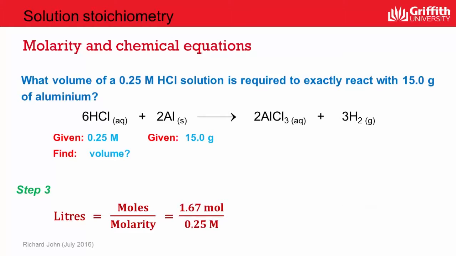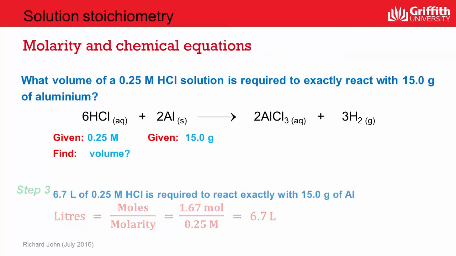So litres equals moles over molarity, 1.67 moles of hydrochloric acid, that's what we just calculated in step 2, and 0.25 molar hydrochloric acid, that's the information that's been given to us in the question. When we plug that into the calculator, we get 6.7 litres of hydrochloric acid.